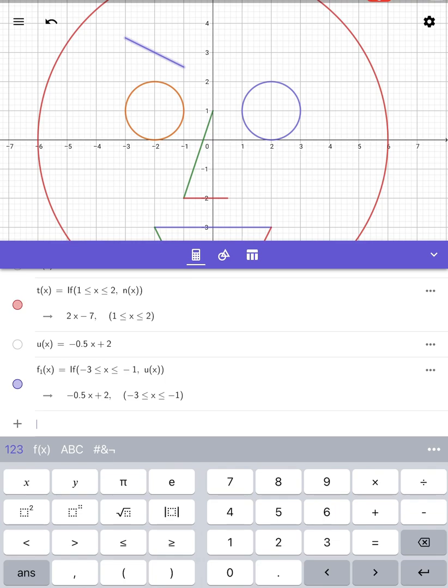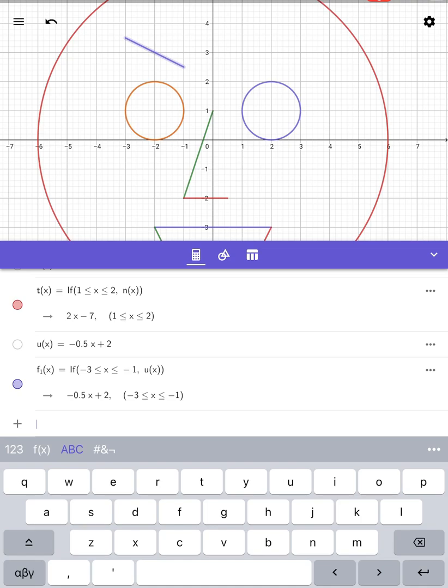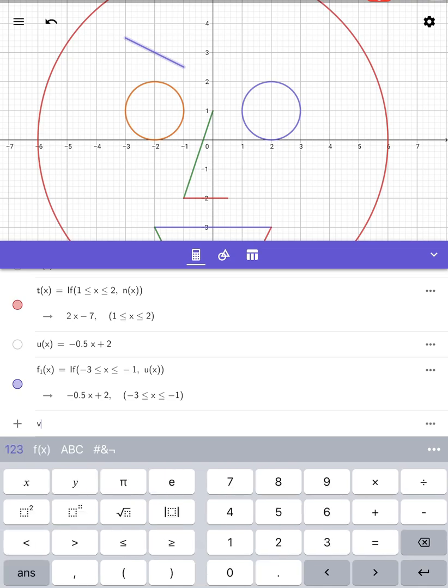And then the last one, let's use VX. And that should be going the other way. It should be 0.5x with a positive curve plus 2.